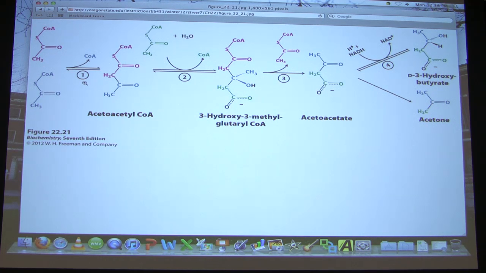That hydroxybutyrate is stable. Chemically, it's stable. It's a nice way of moving this 4-carbon piece through our bloodstream. If acetoacetate doesn't get converted to that 4-carbon piece, it is chemically unstable. And it will spontaneously decarboxylate, okay, to yield acetone.